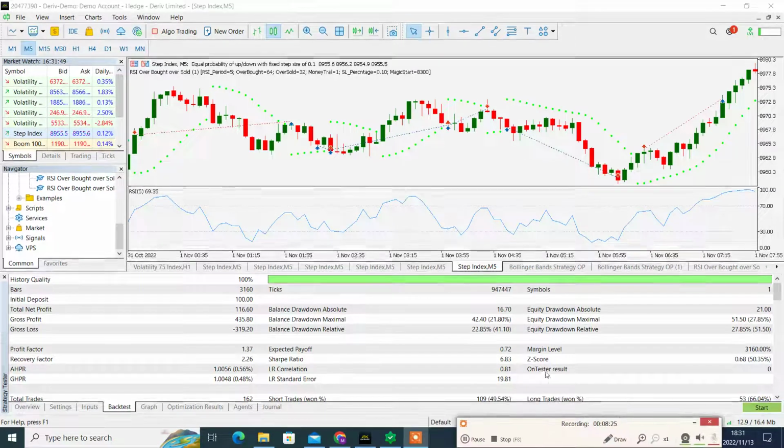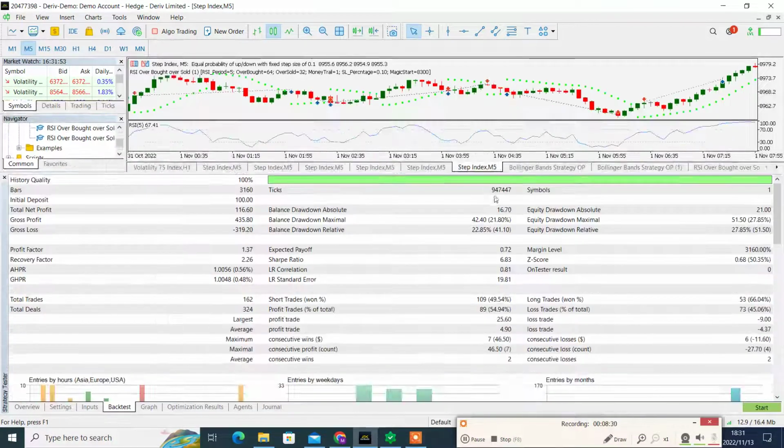It helps us know if we increased our win rate or we just increased the profit that we make per trade. If you check, our win rate went down to 49%, and this side went up to 66%. But here is where our advantage comes in, because it's all about risk ratio.